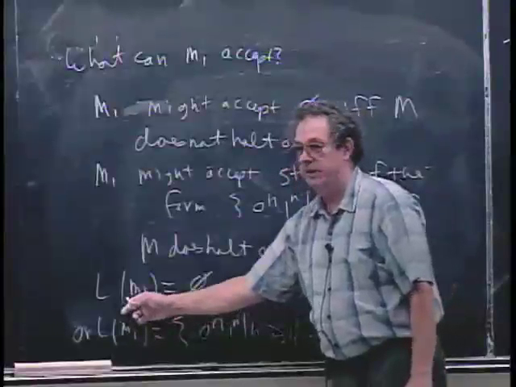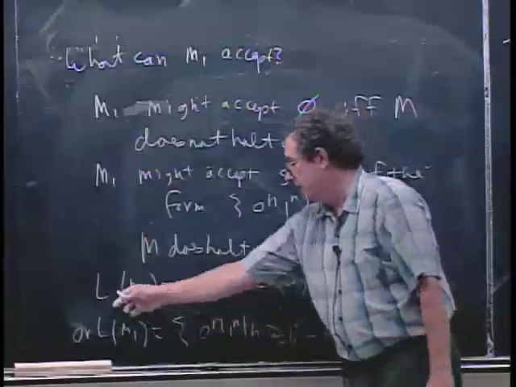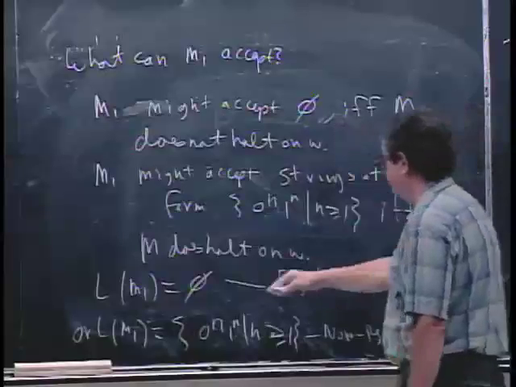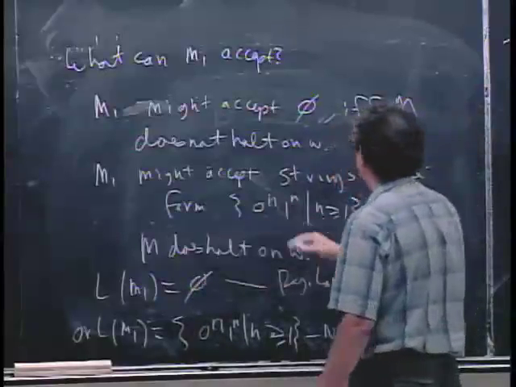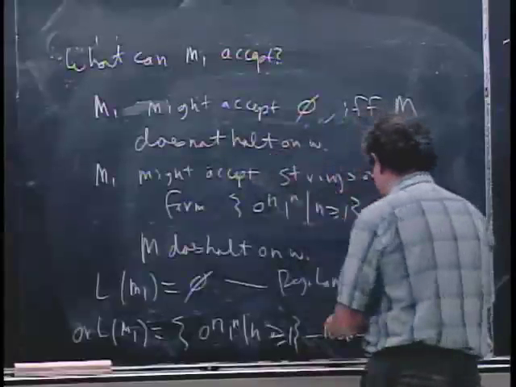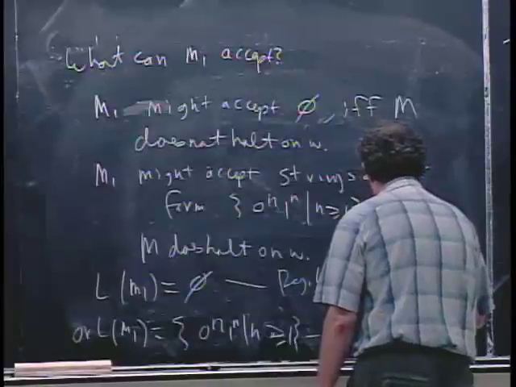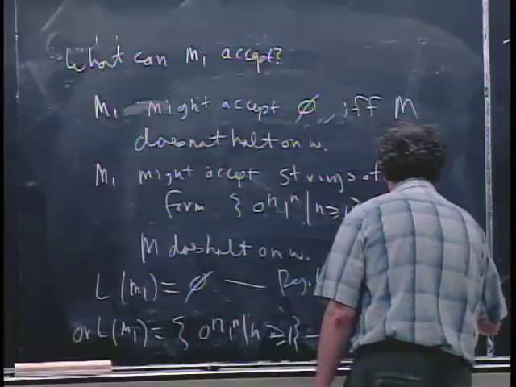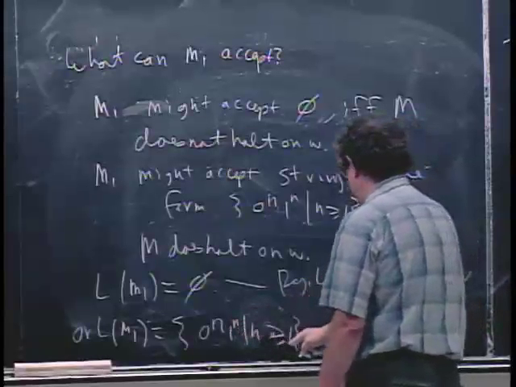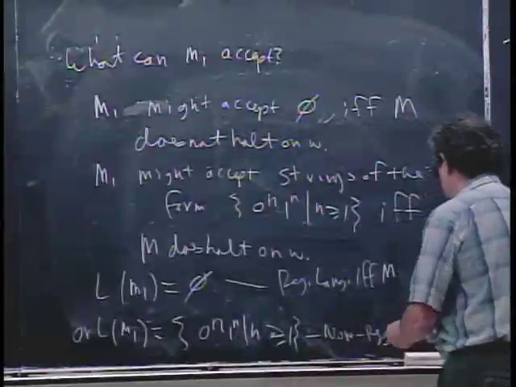But in particular, L of M1 is regular if and only if L of M1 is empty, and L of M1 is empty if and only if M halts on W. Oh, doesn't halt, sorry. M doesn't halt.